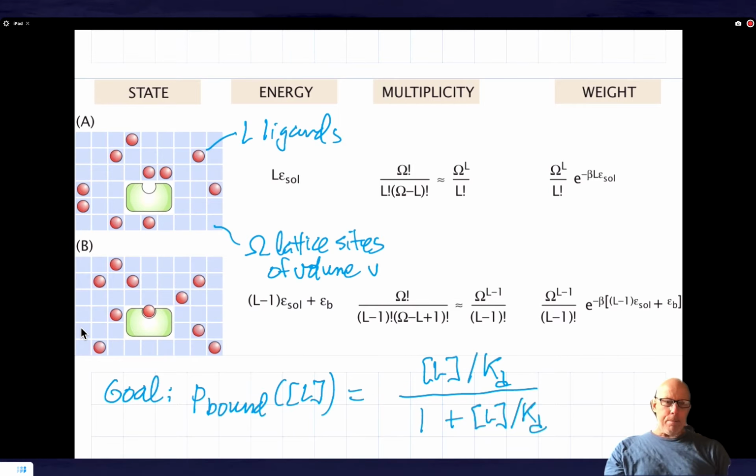The next step in the statistical mechanics protocol is to compute the multiplicities. How many different ways can a given state occur? And the answer to that for the case in which we're dilute is omega to the L power over L factorial. This corresponds to the little example I always give about if I take 20 students to the Rose Bowl where there are 60,000 seats, the number of possible choices for student number 1 is 60,000.